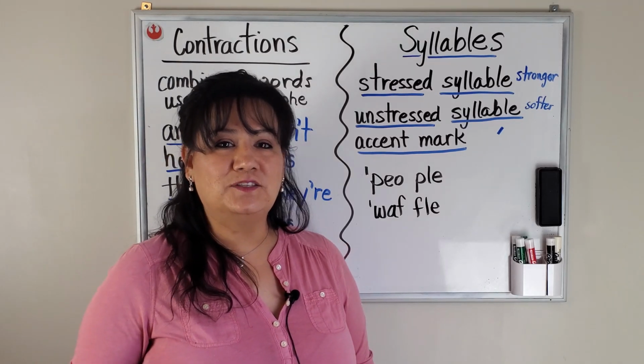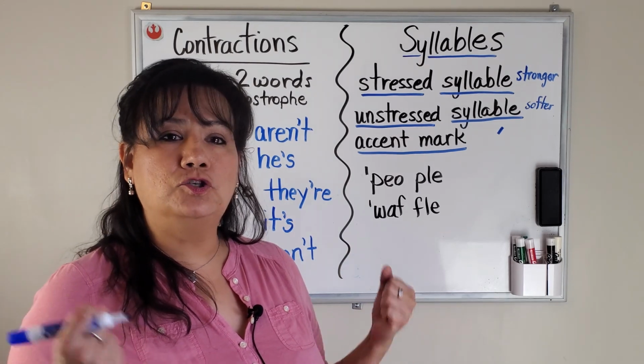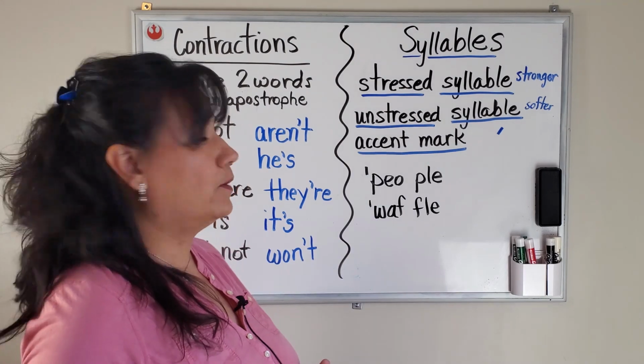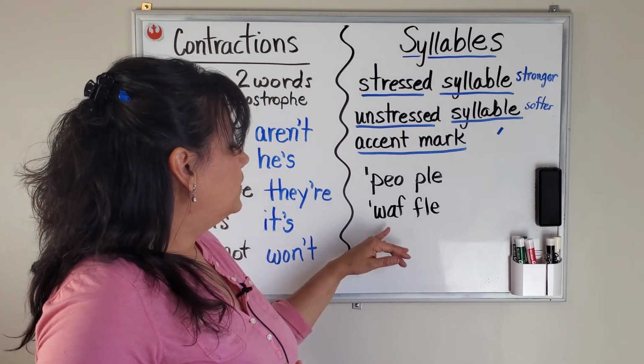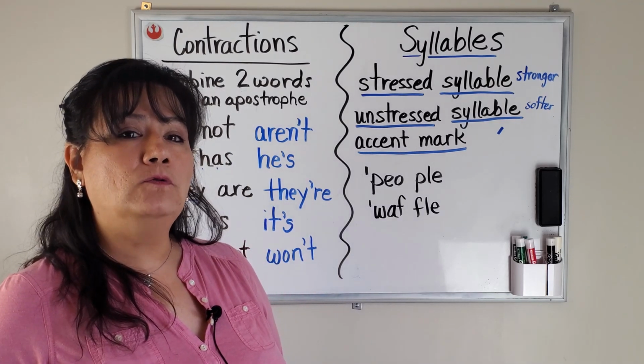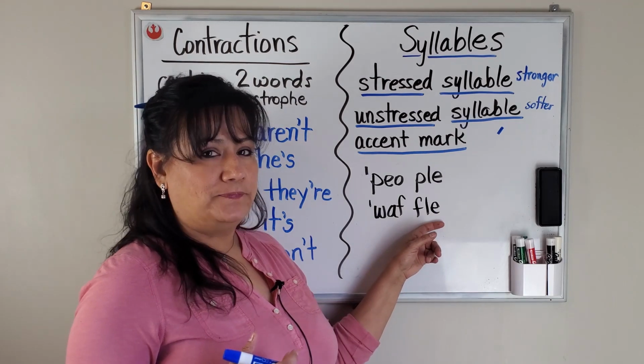So it is just the way that helps us know which syllable has a stronger sound to it so that we can pronounce the word correctly. The other one is waffle. We say WAFfle. We don't say wafFLE. And make this one the stress one, okay?